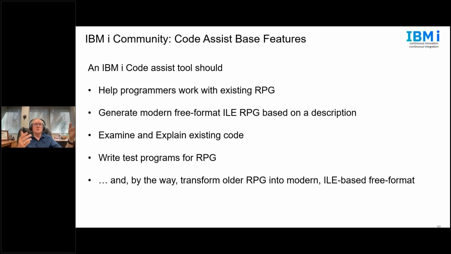Because essentially what you're doing is a transitive thing. Internally, it explains what it is that that old RPG did, and then it takes that explanation and feeds it in to the generation. It's not exactly how it happens, but conceptually, you can think that once you've generated and examined and explained, you can get more out of it.